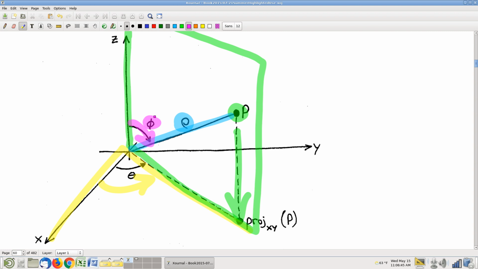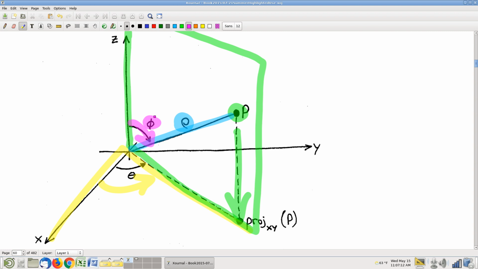So these three coordinates, a little bit of a weird way to think about it, I suppose, but it turns out this is really natural in some very good ways I'll talk about in a moment. So in some sense, we define the direction out of the origin. The direction toward the point is defined by theta and phi. Right? And given a theta and phi defining a direction, then rho tells you how far to go in that direction. Okay.